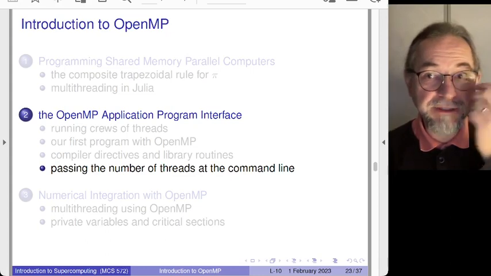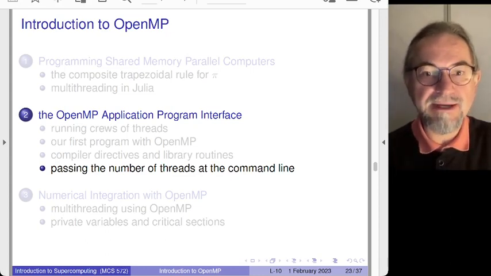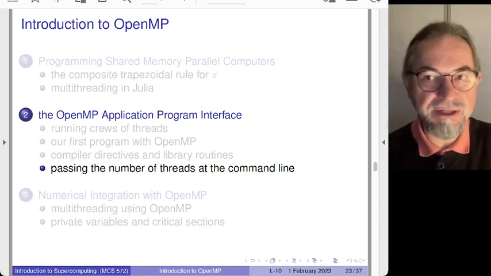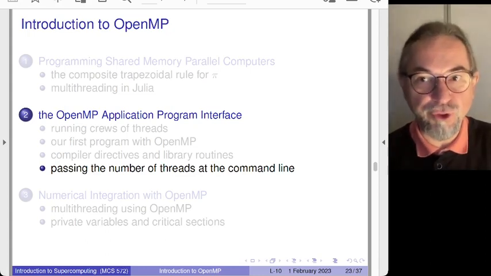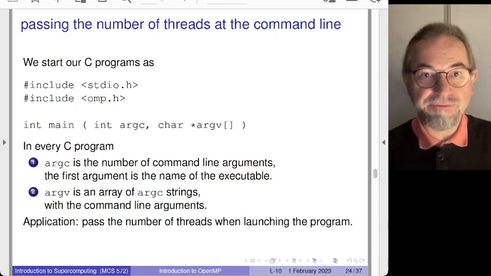Okay, here is another useful thing. Sometimes you do not want to determine at compile time how many threads are being run, but you want to determine this at execution time when you launch it. And here this is another feature of C, and we encountered this earlier.